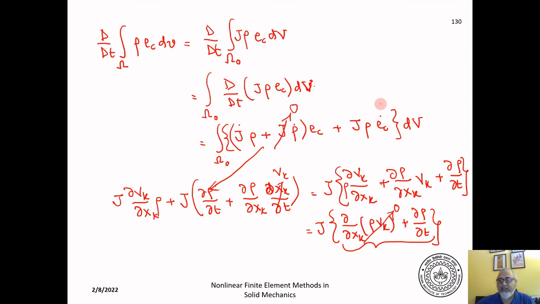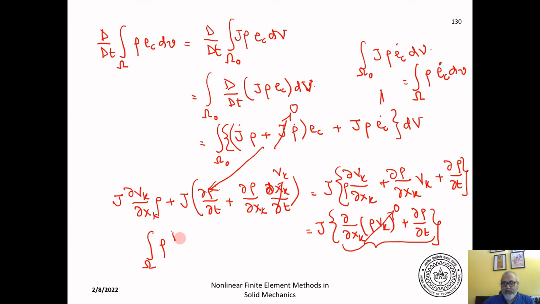So I am left with j rho EC dot dv, and I again club the j and this dv together to change the domain again. So I make it rho EC dot d small v. So that becomes integral rho capital d/dt of EC d small v.